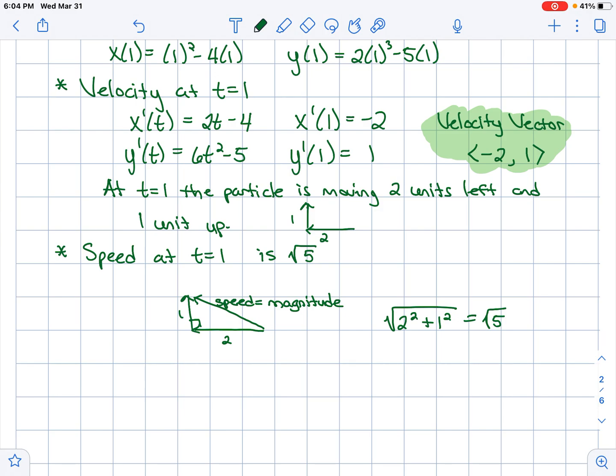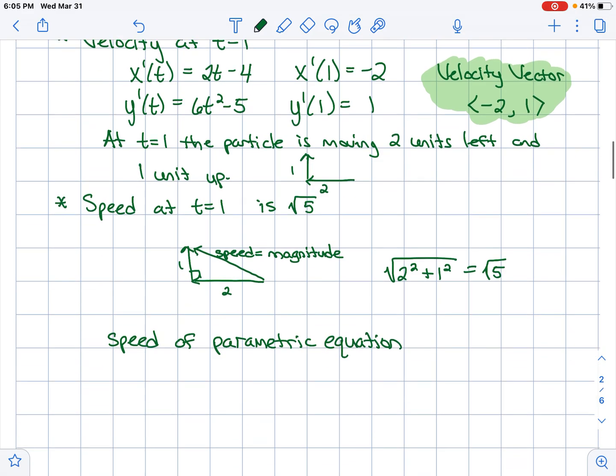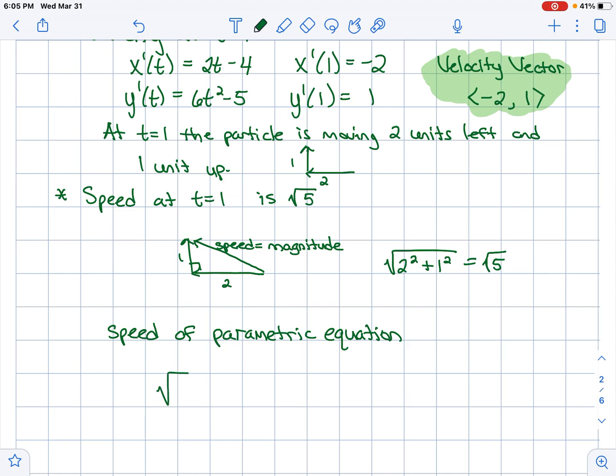The speed of any particle, of an object moving along a parametric equation, would be the square root of x prime of t squared plus y prime of t squared. So that's the speed of that particle.